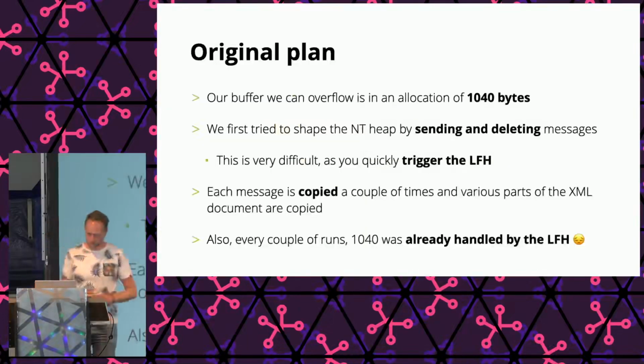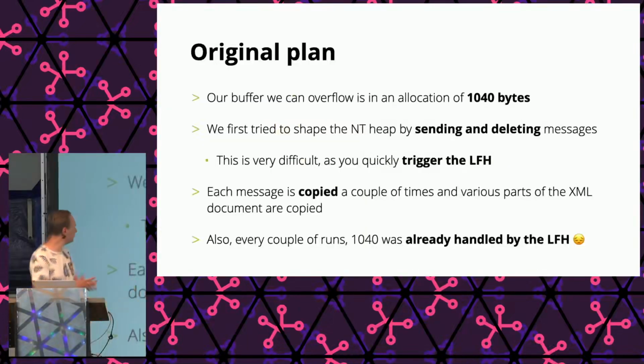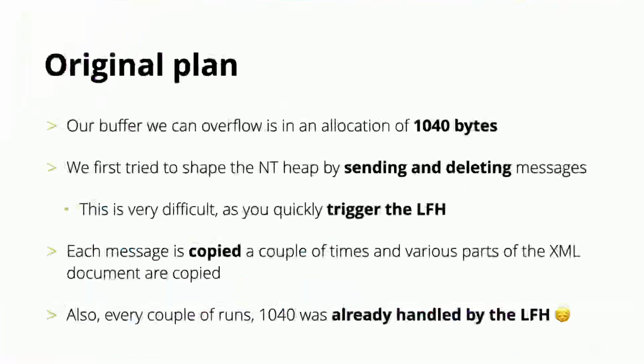Our original plan was that the buffer we can overflow is 1040 bytes, and we tried to use the NT heap to shape the heap into a predictable state. But this is very difficult because the Zoom application creates hundreds of allocations every second.